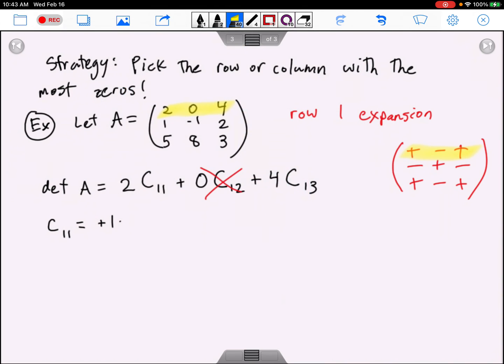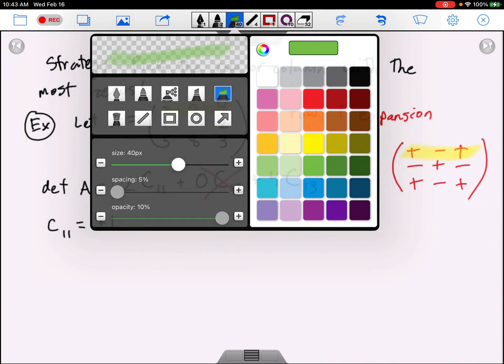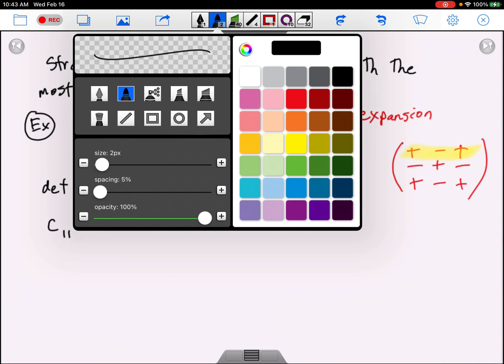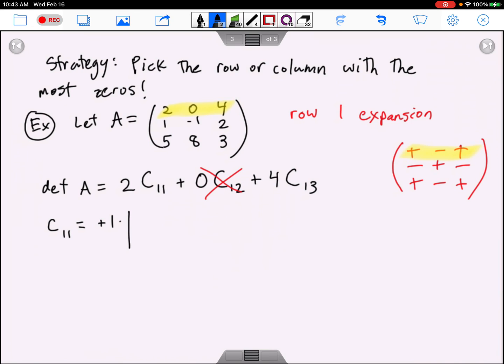The idea is if I delete this row and this column, I'm left with a 2 by 2 matrix, aren't I? So I need to take the determinant of that 2 by 2 matrix. I'm going to write that down: -1, 8, 2, 3.